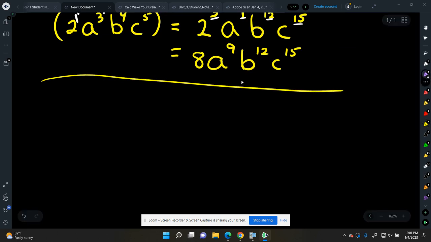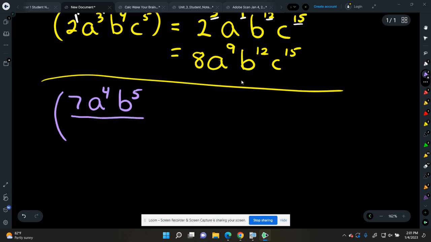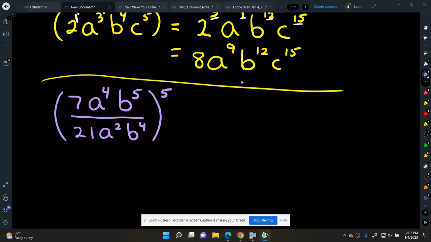Let's look at (7a^4 b^5 / 21a^2 b^4)^5. Okay? Now there are two approaches to this.